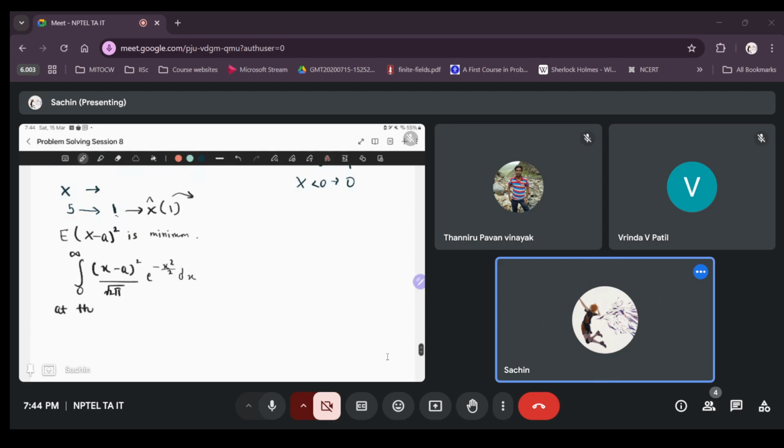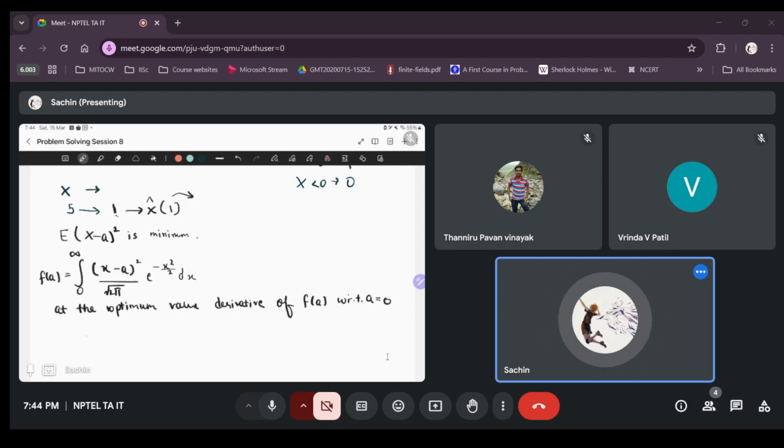And the optimum value is where the derivative of, let's call this f of a, with respect to a is 0. You should have seen in calculus that when you want to find the minimum and maximum value, you take the derivative and set it to 0.